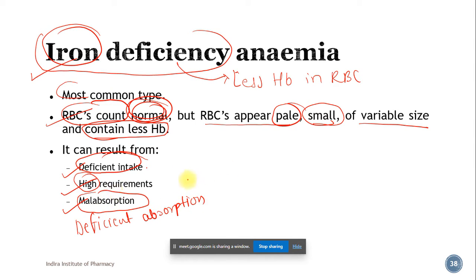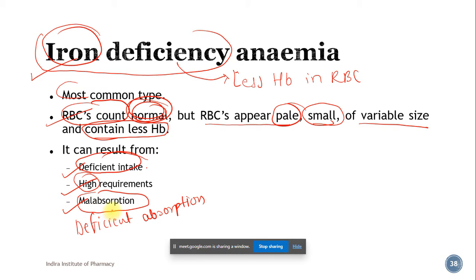So you are taking the iron in the prescribed quantities, your body also requires the iron in normal quantities, but whenever you consume any food material that contains the iron, your body is not able to absorb the iron from that particular food material, so it becomes the malabsorption condition.